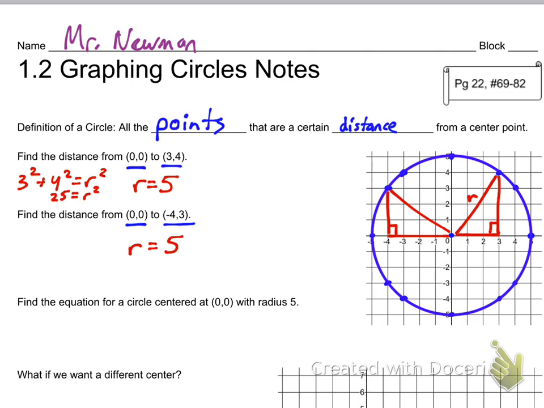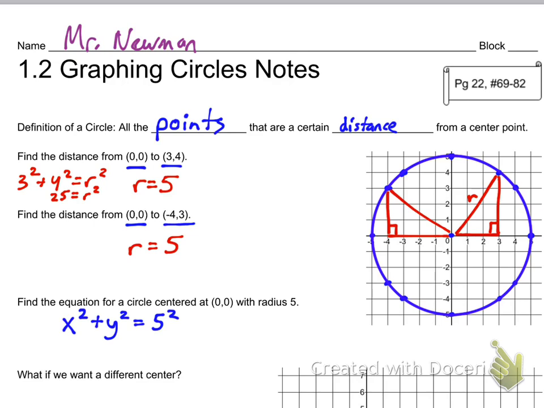So that means the equation of the circle is closely related to the Pythagorean theorem, and in fact, it looks very much like it. The equation for the circle centered at 0 with the radius 5 is any x and any y that fits that equation.